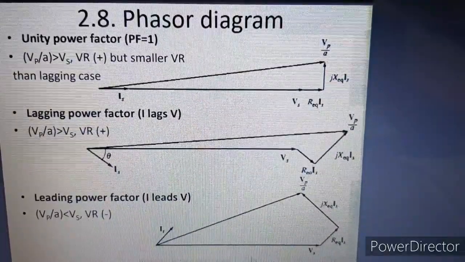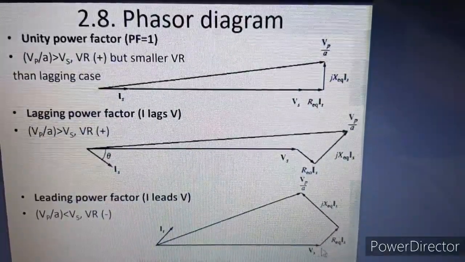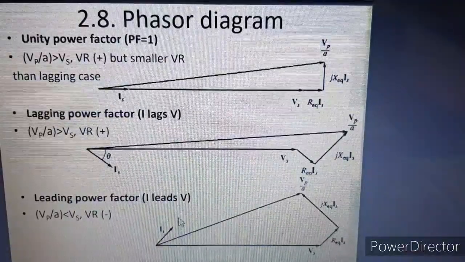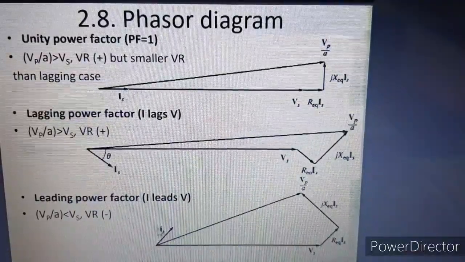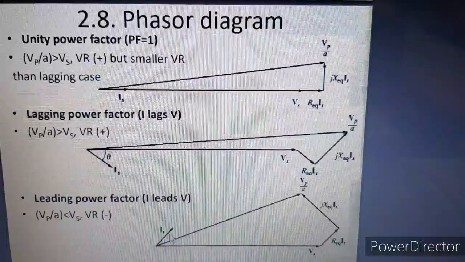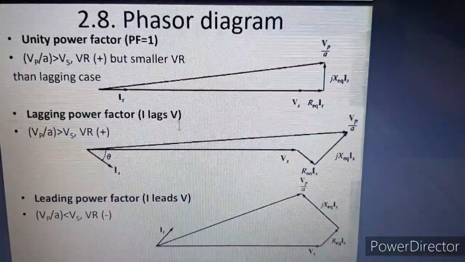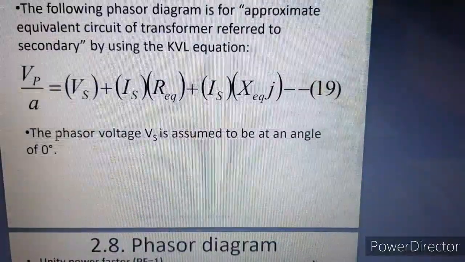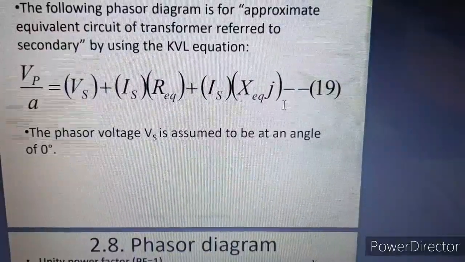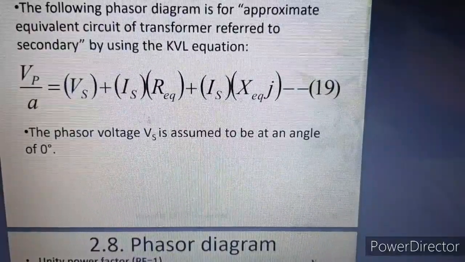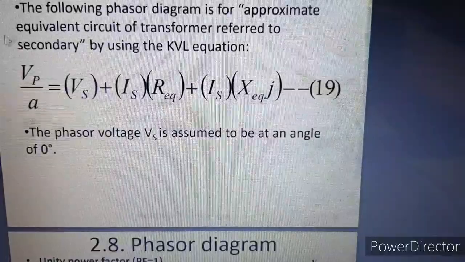For leading, Vs is still at 0, but Is leads the voltage, so it is above Vs at an angle of theta. In this equation, we have three terms that we need to sum up to get Vp over a.